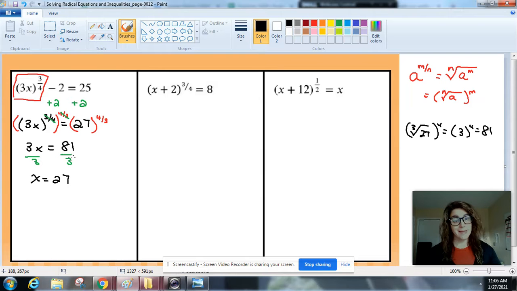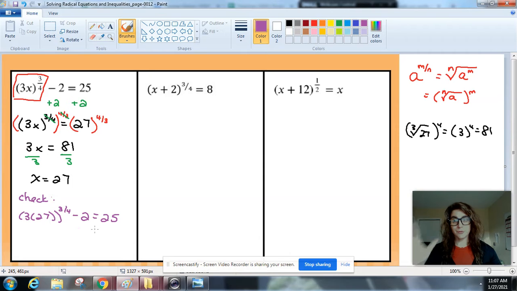You still want to get in the habit of checking, because we could have extraneous solutions, just like we did with radicals. So again, once you have your final answer, just plug it back in. When you're checking, what is really important is you plug it into the original problem, and you simply simplify one side at a time.